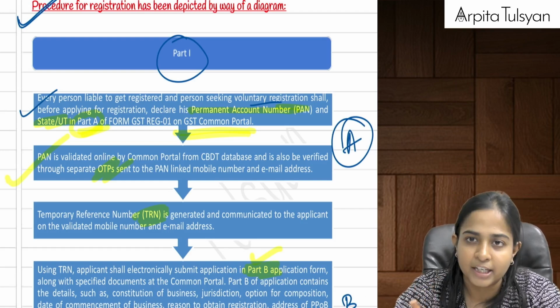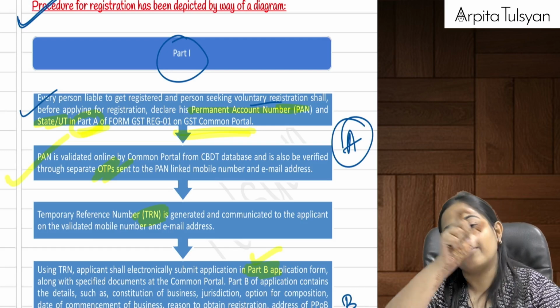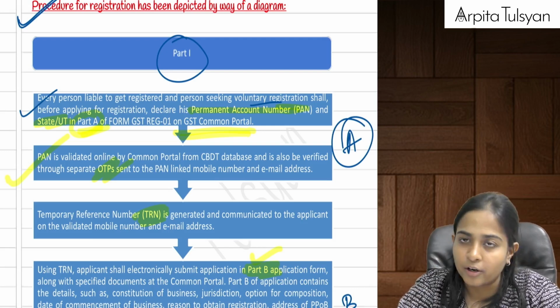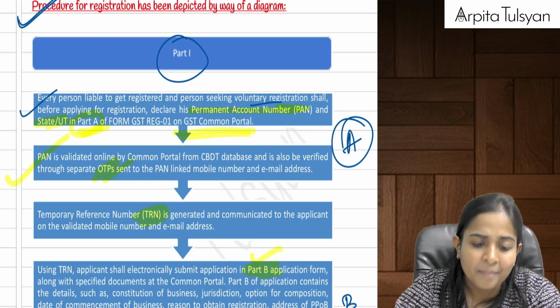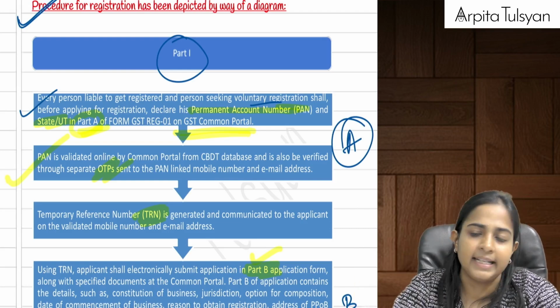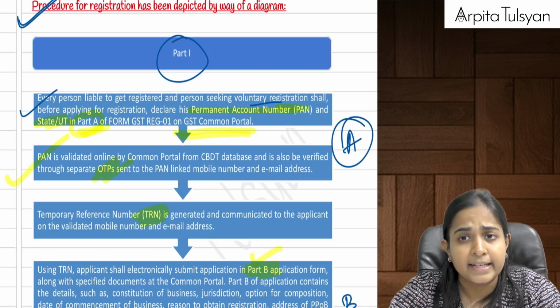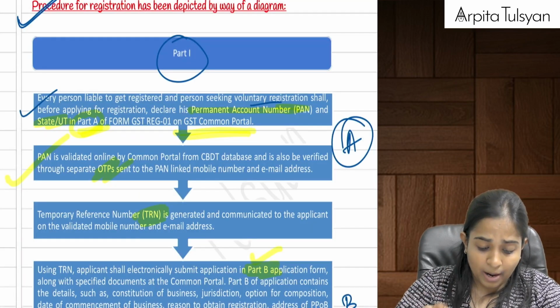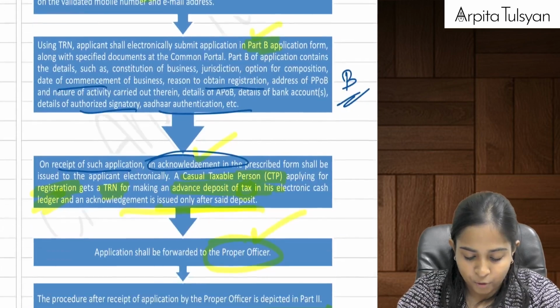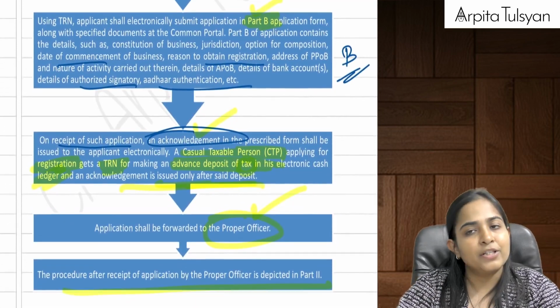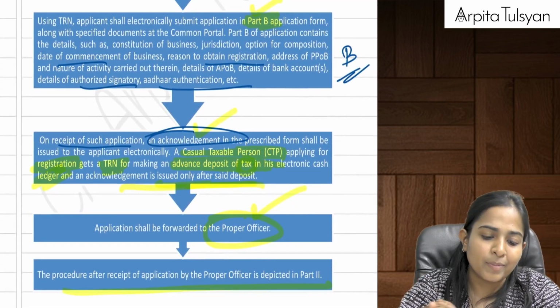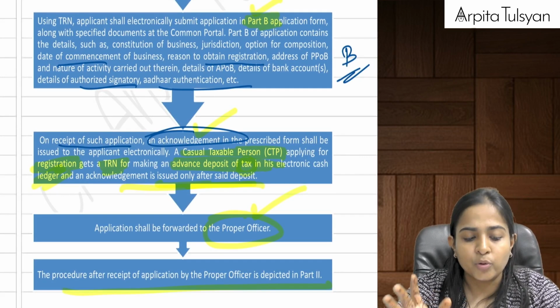Using this TRN, you can fill the other part, part B of your GST REG01 form, in which you will put all the other details as asked: place of business, additional place of business, reason for getting the registration, when you commenced your business, and all these things. Once you have submitted this, an acknowledgement will be sent to you electronically.